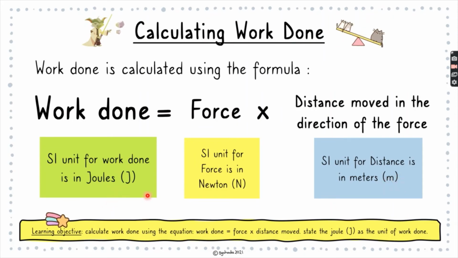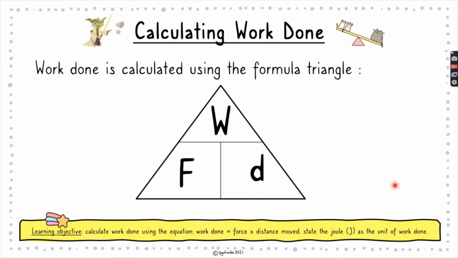So make sure that all your units are in this form, and then you can use this formula. Work done in joules, force in Newton, you times it by distance moved in the direction of the force, which is in meter.